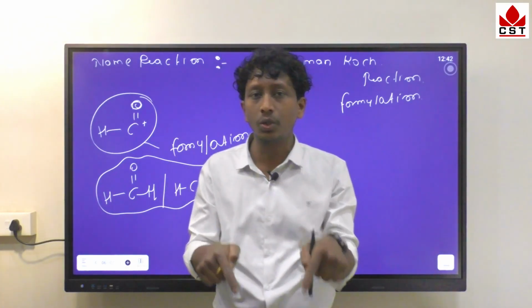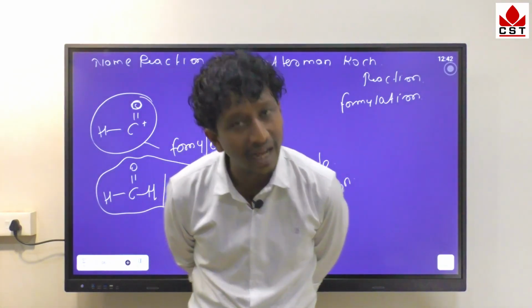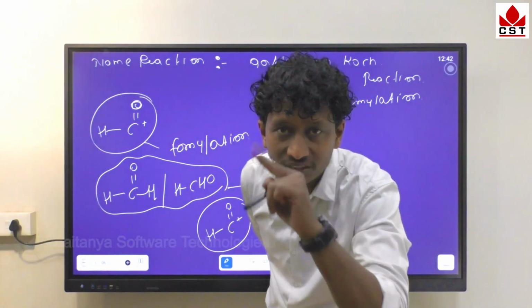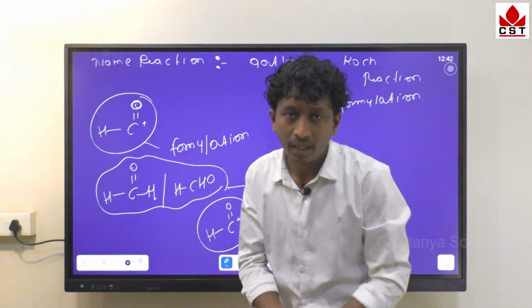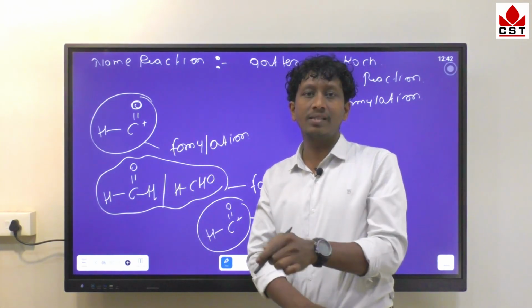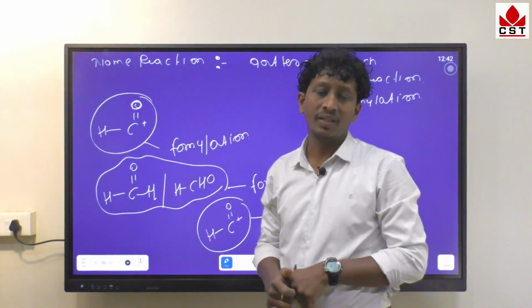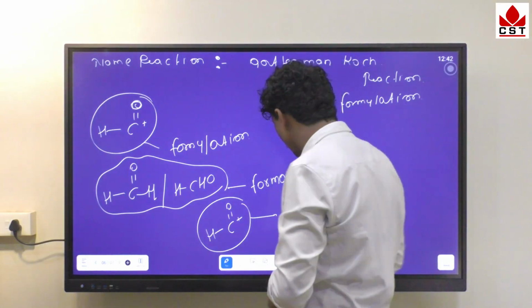In the chapter on aldehydes and ketones, there is the Gattermann-Koch formylation reaction, in which HC double bond O, the formyl group, is introduced into the benzene ring.